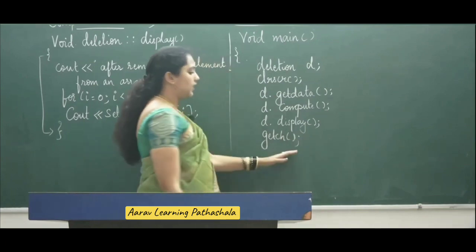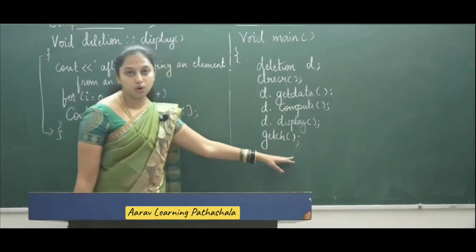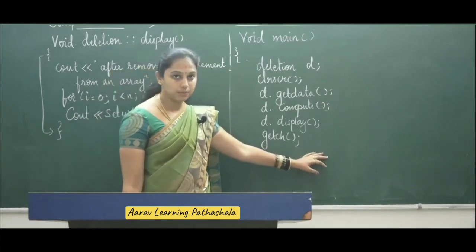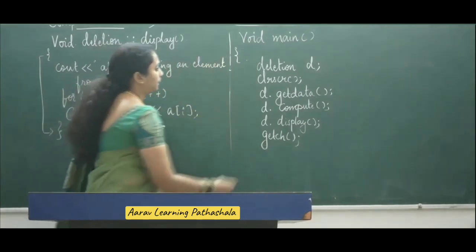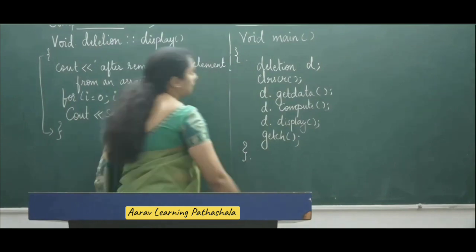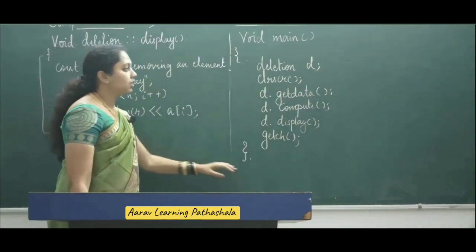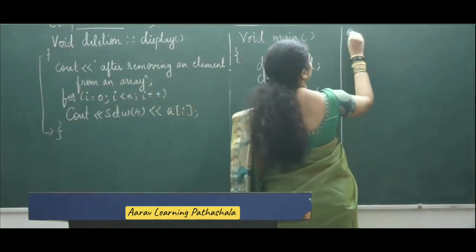Why we are using getch? It is usually used to hold the screen until the user presses any key on the keyboard. So for that purpose we are using getch function. Close the main method.